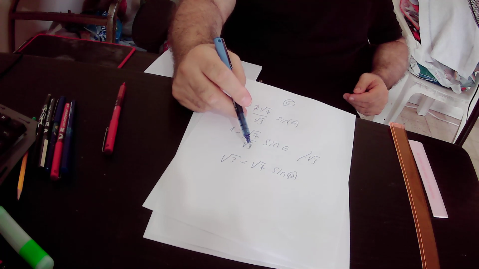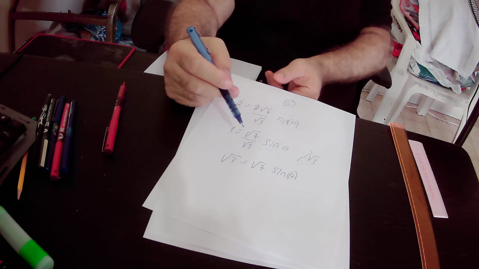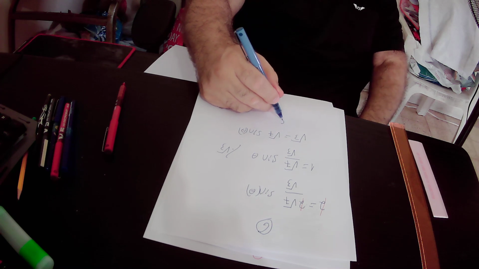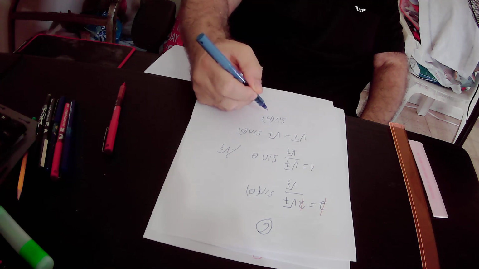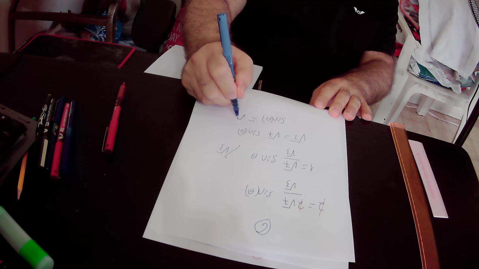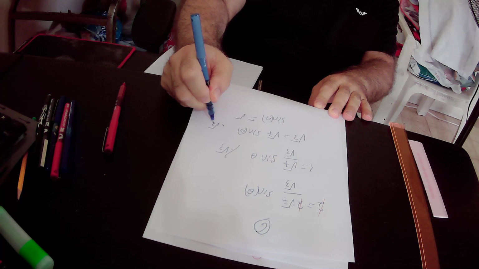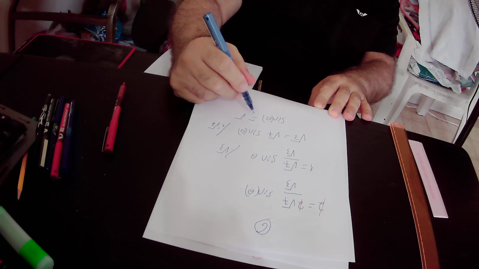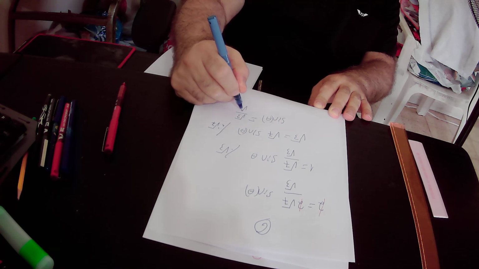Here we divide the equality by root 7 in order to get the value of sine theta, and we will get that sine theta equals root 3 over root 7.